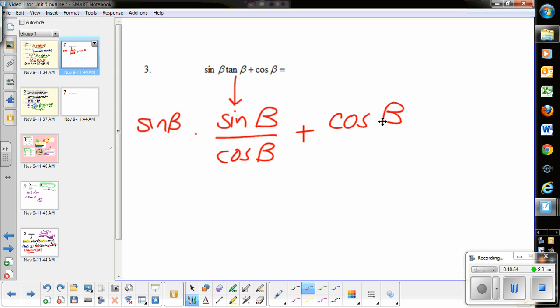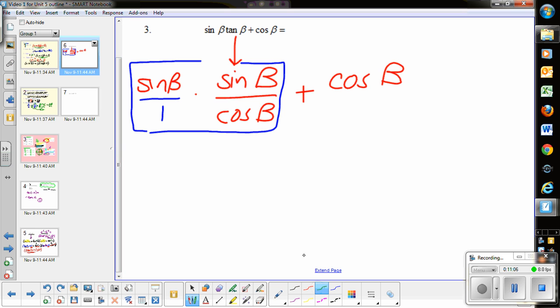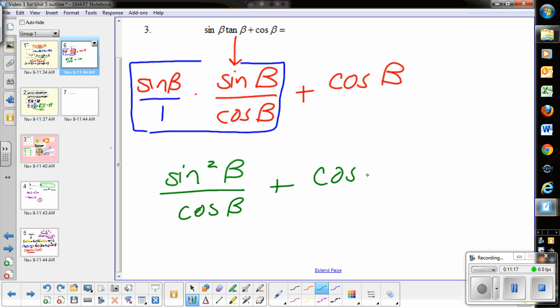So the only replacement I made was the tangent squared. Now, right here, how do I deal with this algebraically? Well, I think I could make this a fraction by going like that. And then I could write sine squared over cosine in place of the stuff with the blue box on it. And then this other cosine is just dropping down.